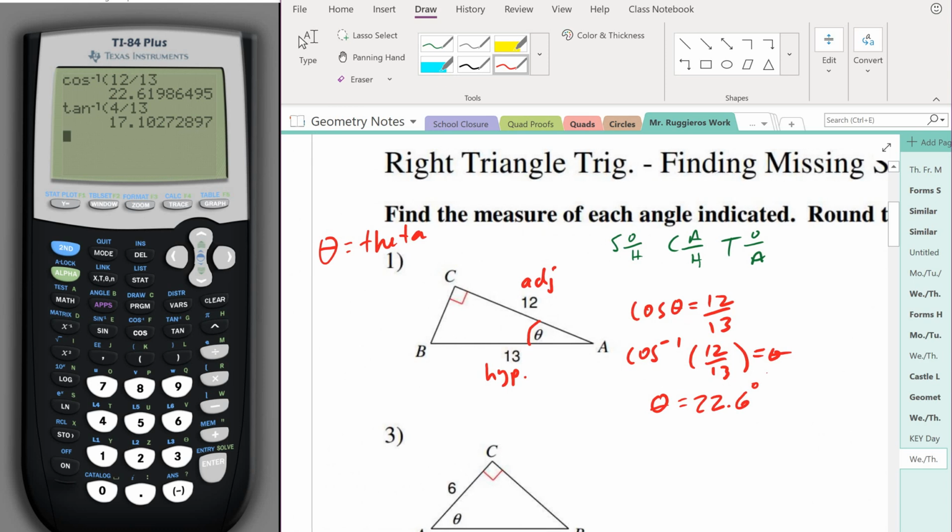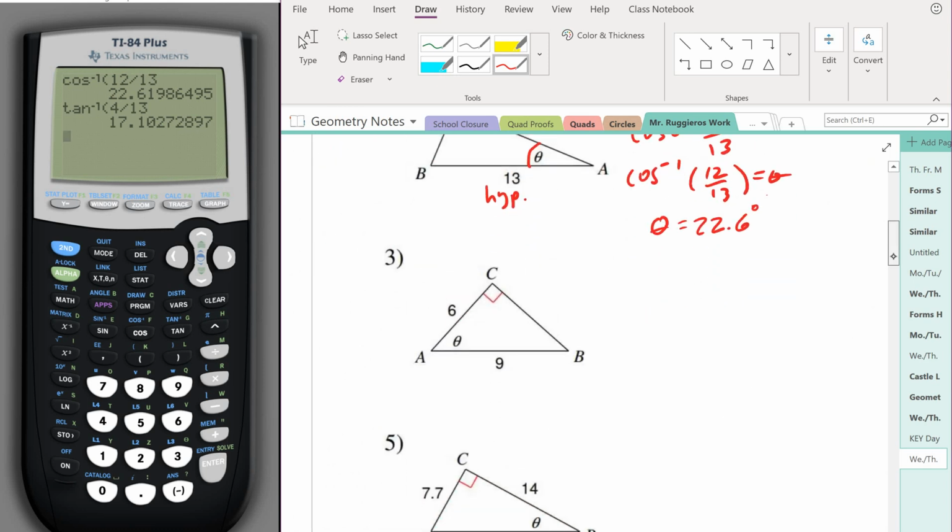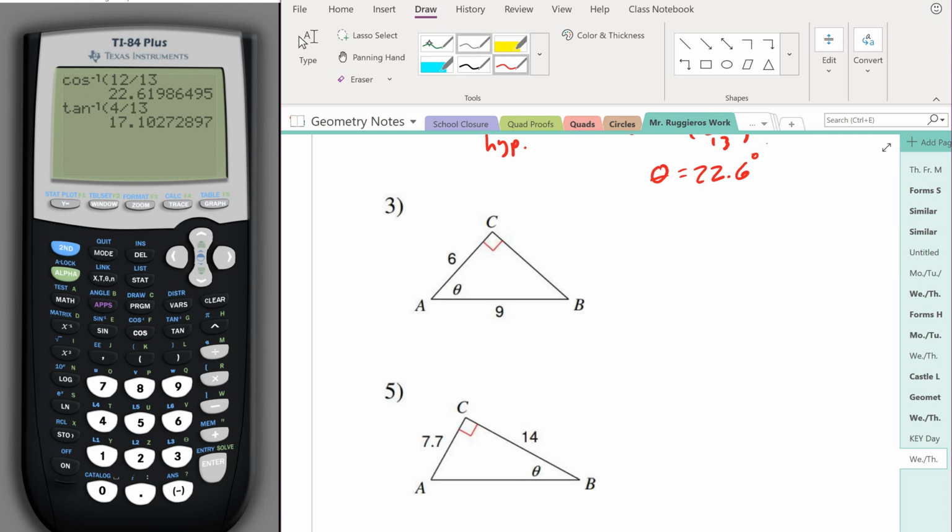Let's look at example number 3. Again, I look at what angle I want to find, theta. The hypotenuse is 9, across from the 90, and the 6 is next to that angle, so it's adjacent. Adjacent and hypotenuse, again, should be a cosine.